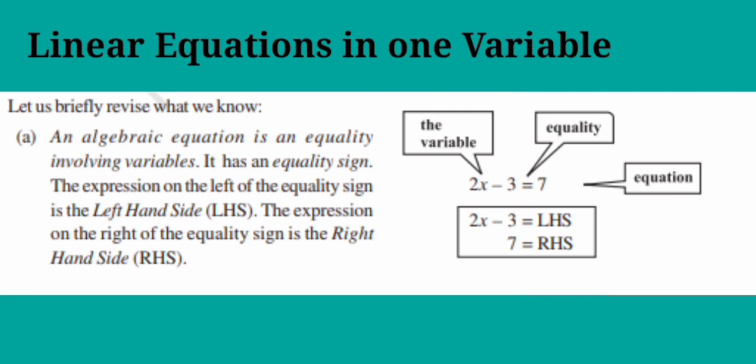Let us see the definition. An algebraic equation is an equality involving variables. It has an equality sign, and as I had explained, since it has an equality sign, it has two sides, left hand side and right hand side.